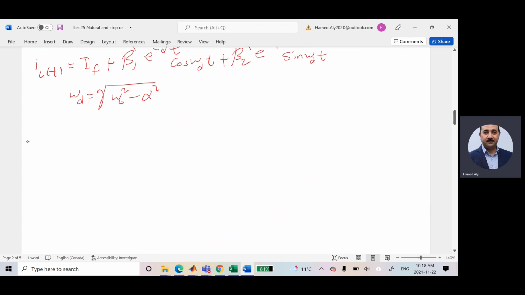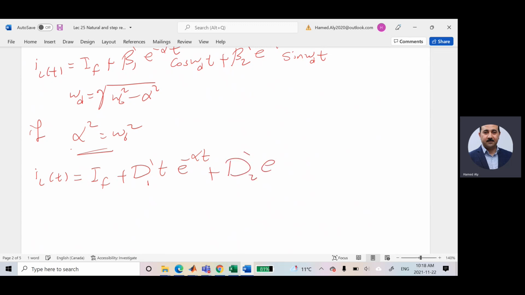The third case is if alpha squared is equal to omega naught squared. At that time, I can say that iL of t, which is the critically damped case, is equal to iF plus D1 prime multiplied by t times e to the power negative alpha t plus D2 prime times e to the power negative alpha t.